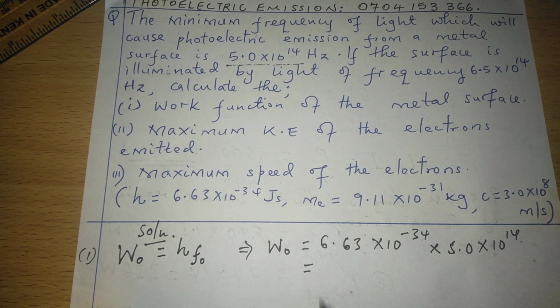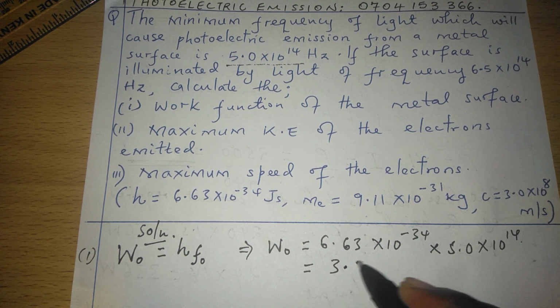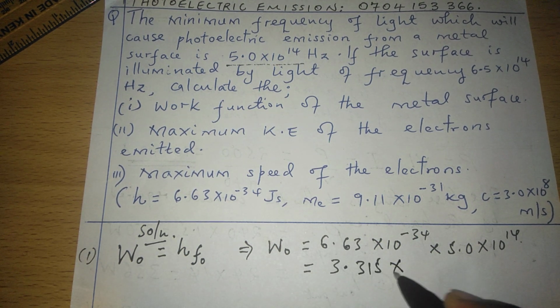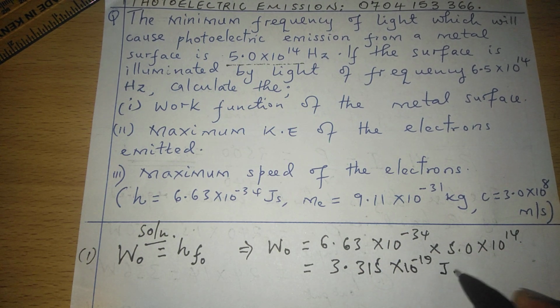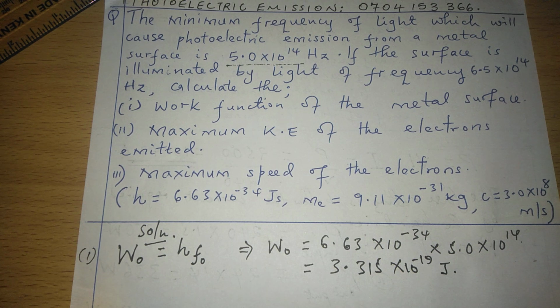This gives us 3.315 times 10 to the power of negative 19, and these are joules because it is energy.